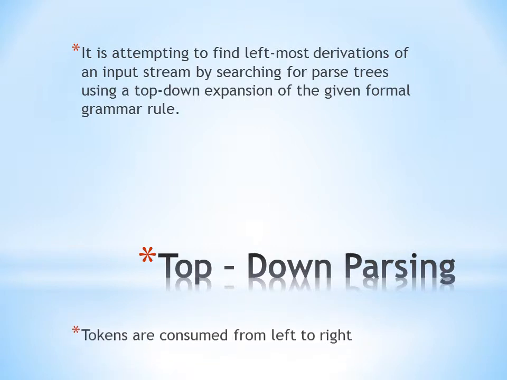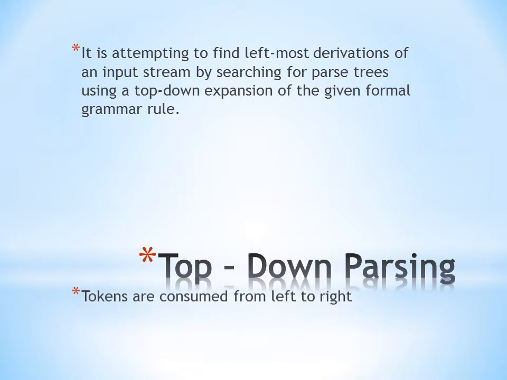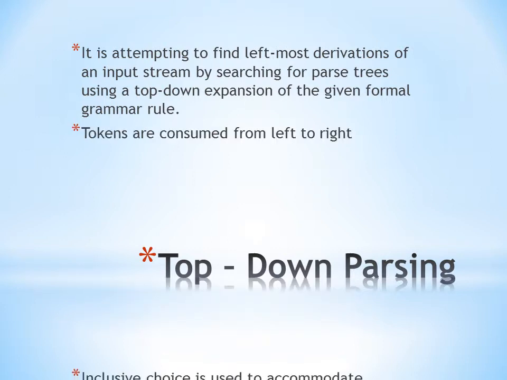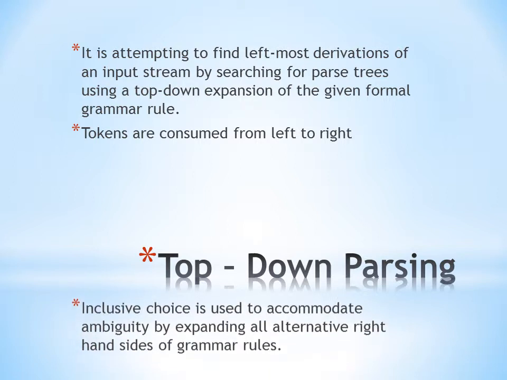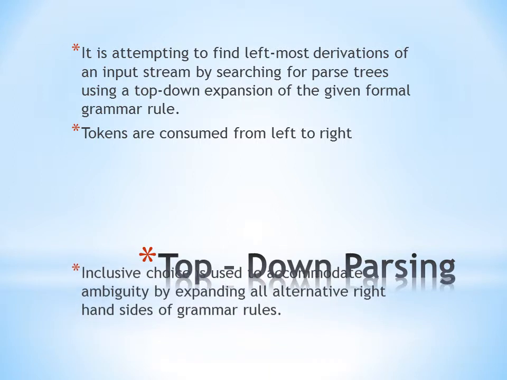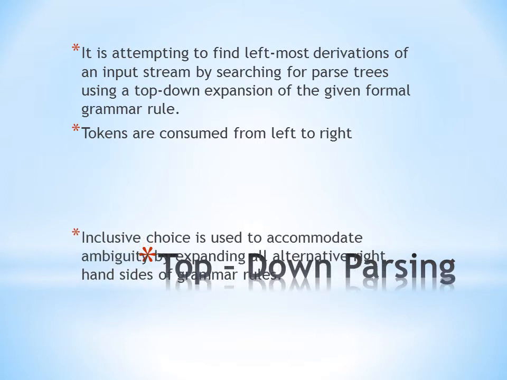Tokens are consumed from left to right. Inclusive choice is used to accommodate ambiguity by expanding all alternative right-hand sides of grammar rules.